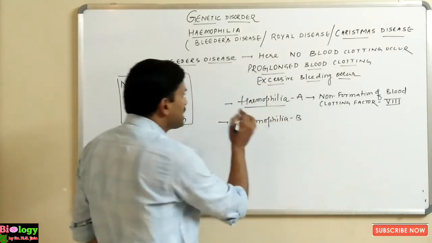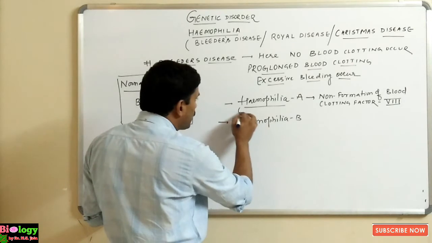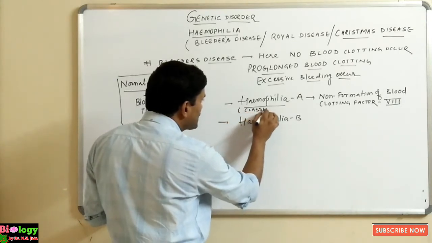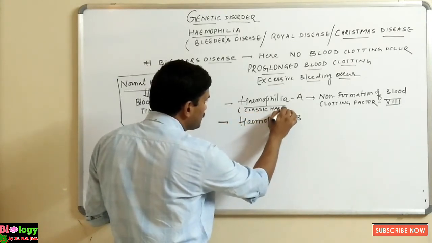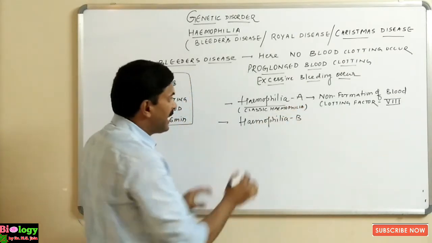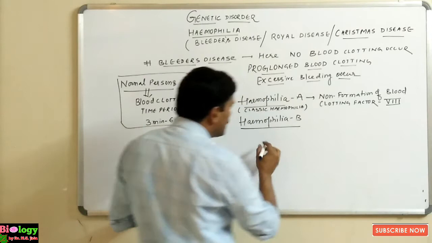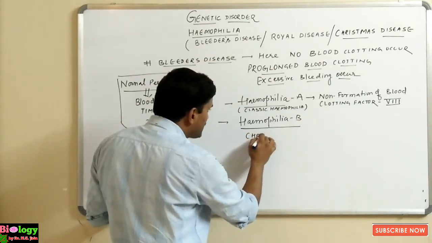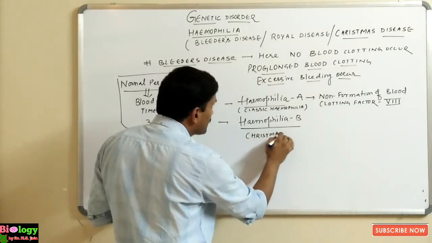This hemophilia A is also called classic hemophilia. And hemophilia B is also called Christmas disease.